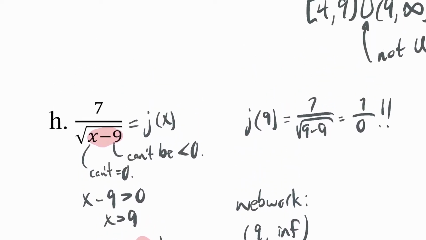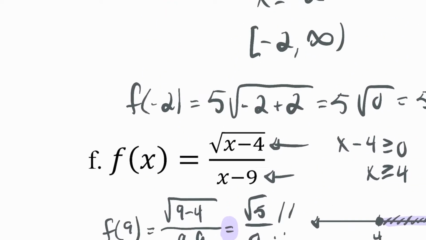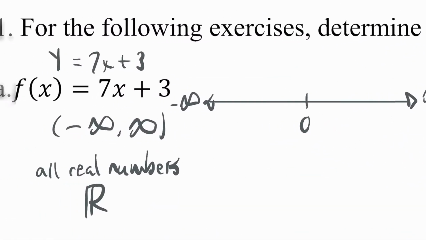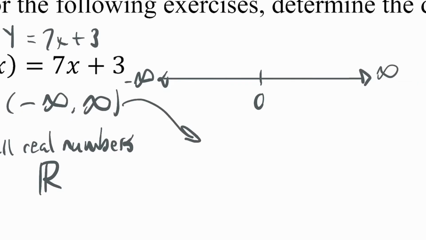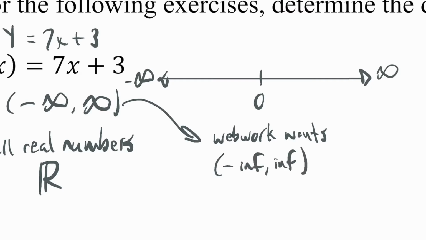So if we backtrack a little bit and go look at, say, the first one, WebWork wants parenthesis negative inf comma inf. And I'm pretty sure that you could also type out infinity, the whole word, but inf should be accepted.